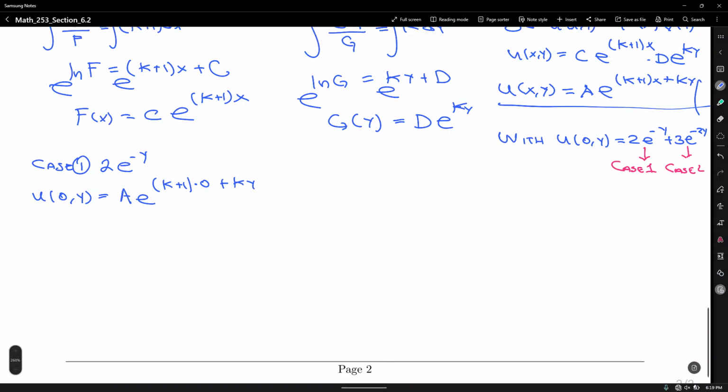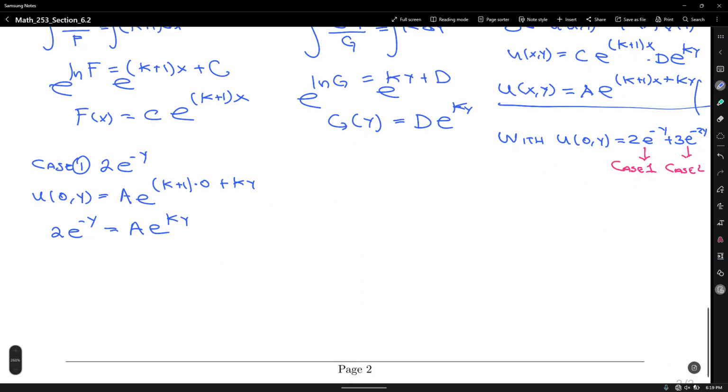Well, what do we end up with in the exponent? That's simply a e to the 0 plus ky, that's simply ky. But what is u of 0, y? For the first case, that's equal to 2 e to the negative y.